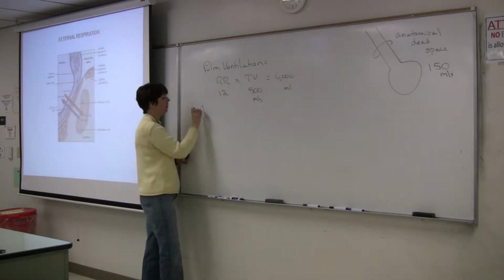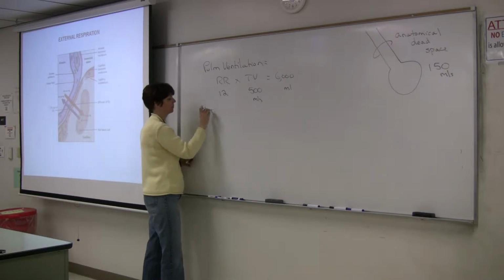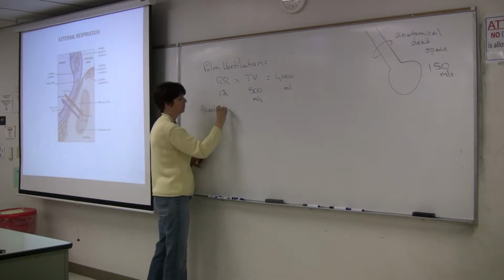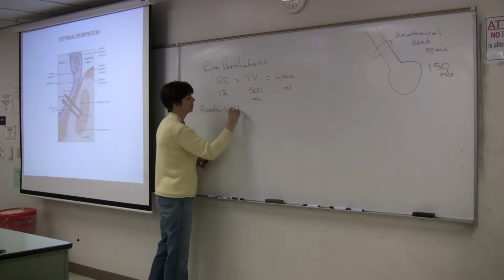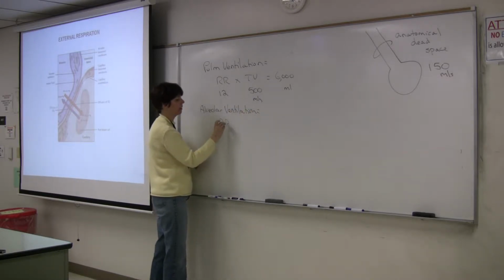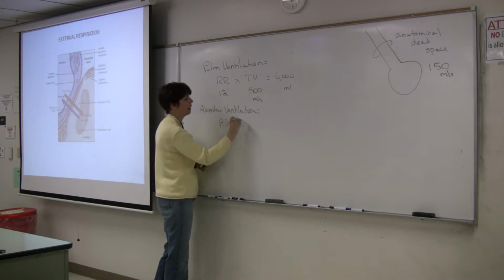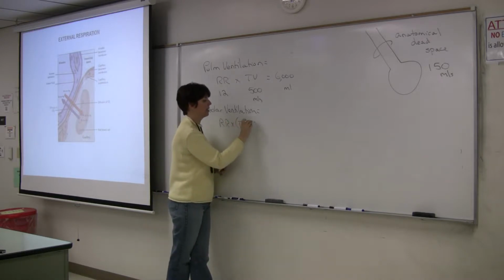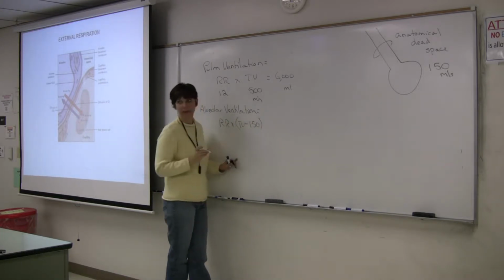So now alveolar ventilation is equal to respiratory rate times tidal volume minus 150.